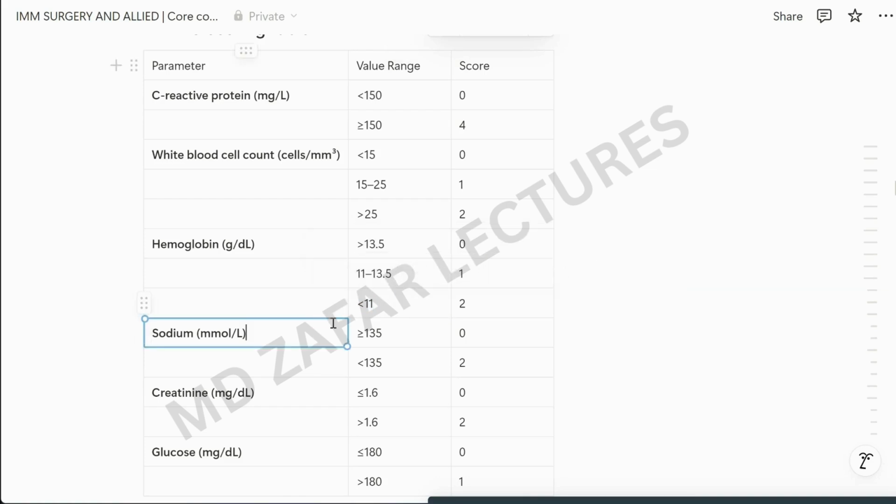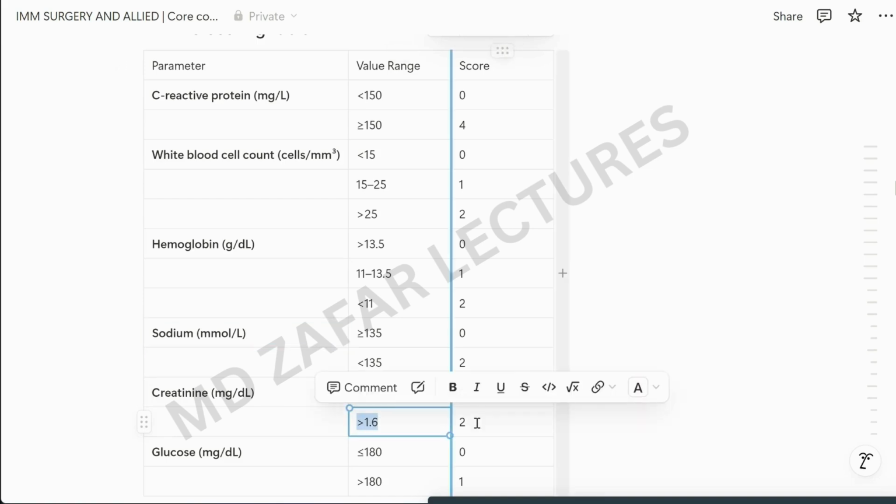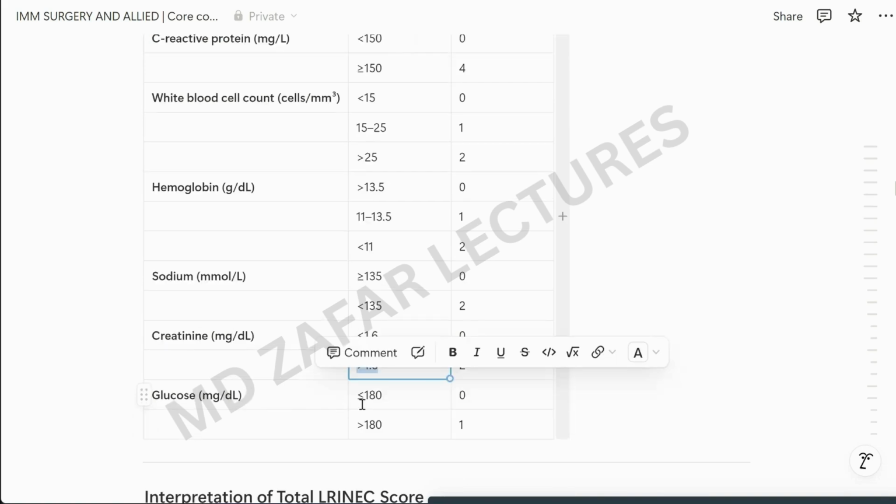Similarly, for sodium, if it is normal, that is more than 135, the score will be 0. However, if the sodium is less than 135, the score will jump to 2. Regarding creatinine, if it is less than 1.6, there is no score. However, if it is more than 1.6 milligram per deciliter, then the score will be 2. Then we have glucose.